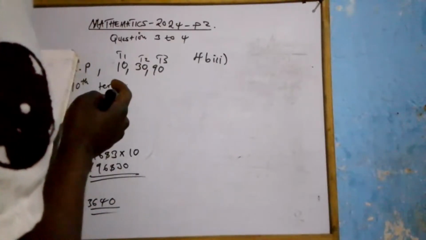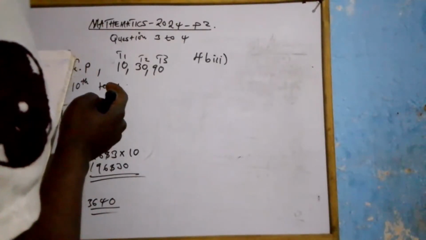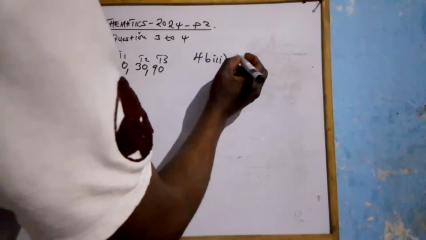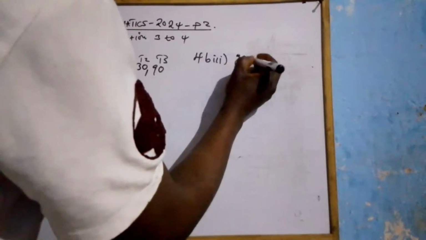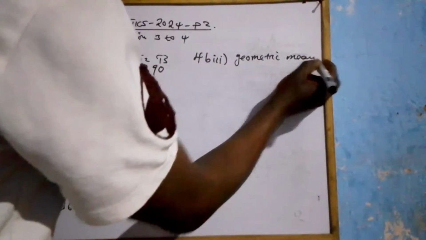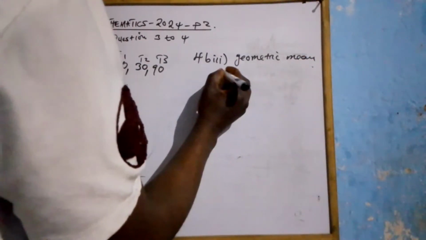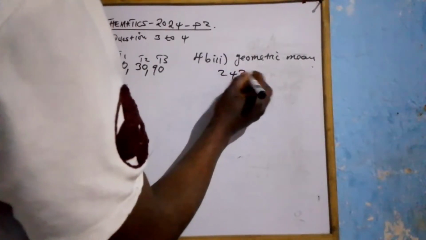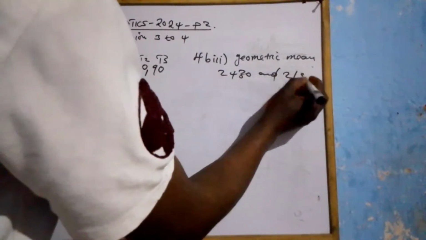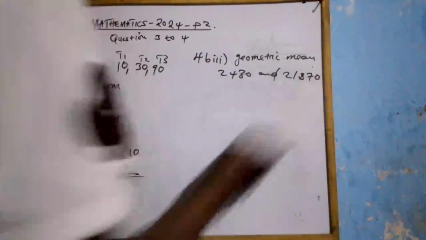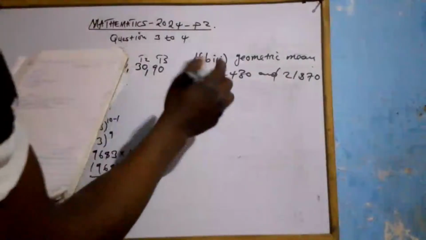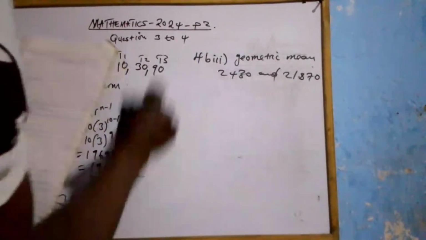We have been given that we have to find the geometric mean of 2430 and 21870. Okay, so how do you find the geometric mean with these numbers which have been given?